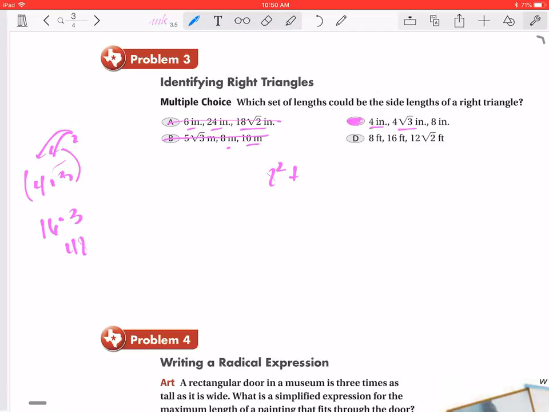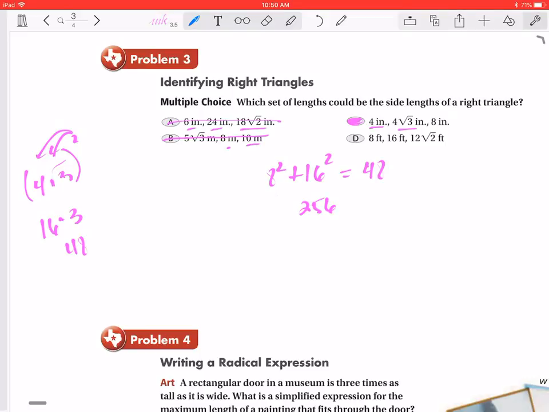That is our longest side, so that's going to be our hypotenuse. So we have 8 squared plus 16 squared is equal to 24 times 2. 24 times 2 is going to give us 48. So then 16 squared, that's 16 times 16, 256.